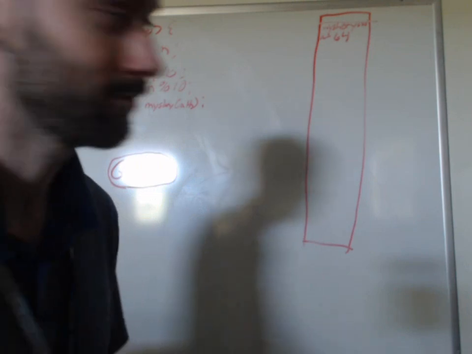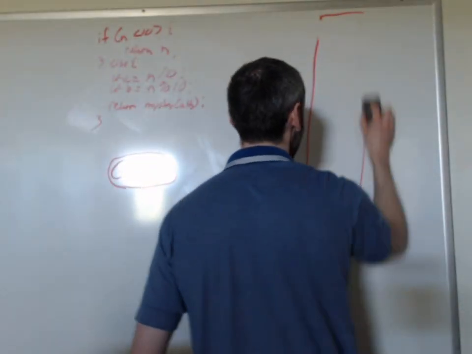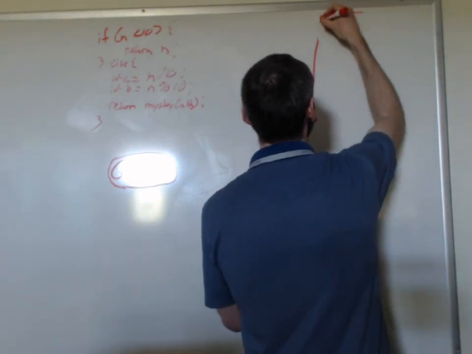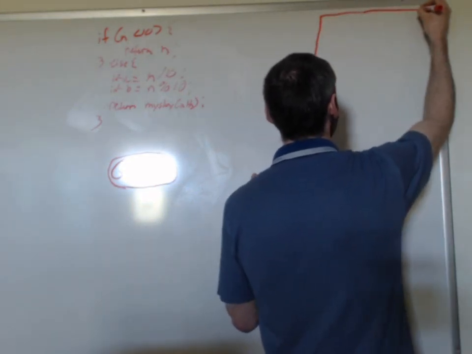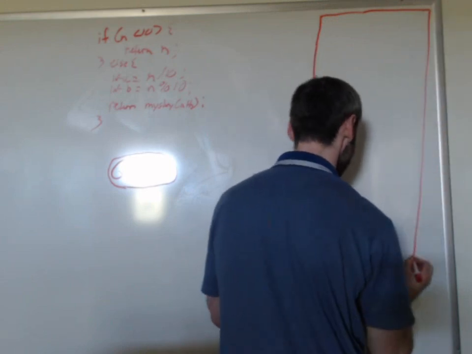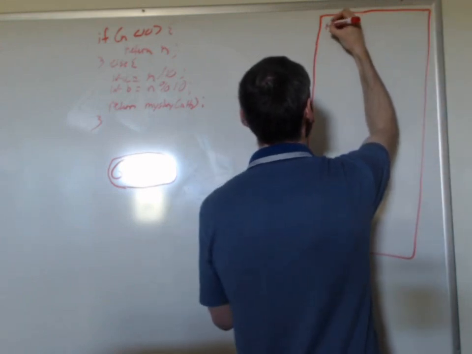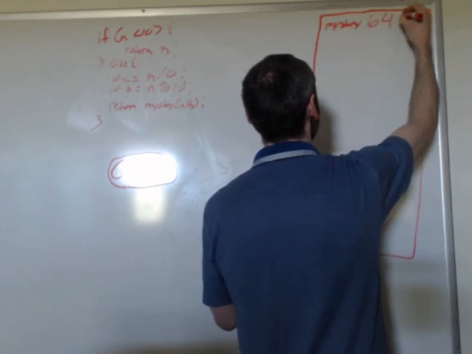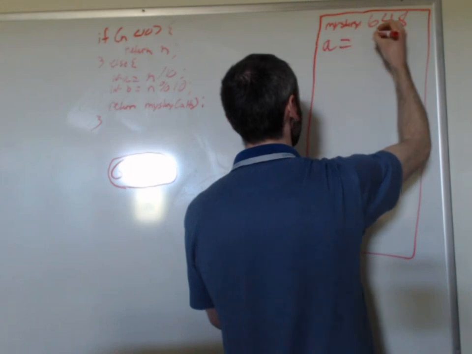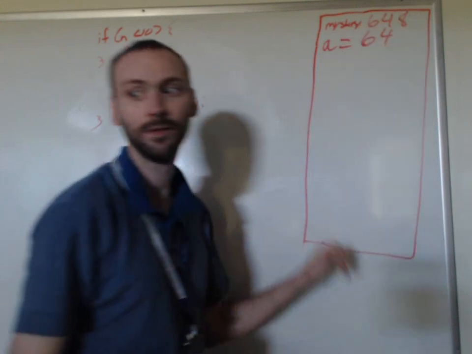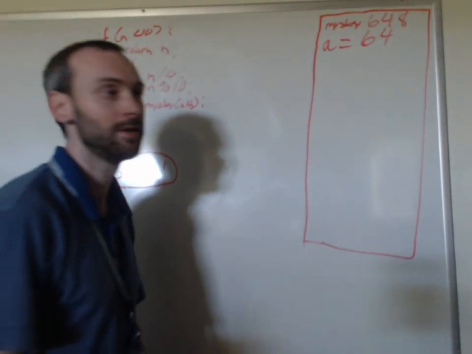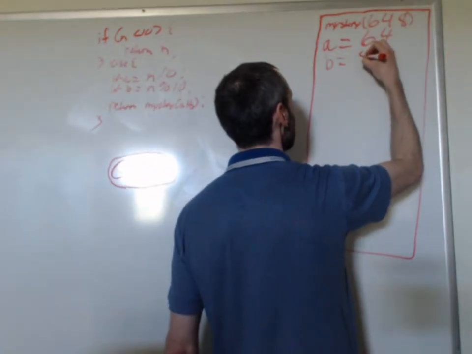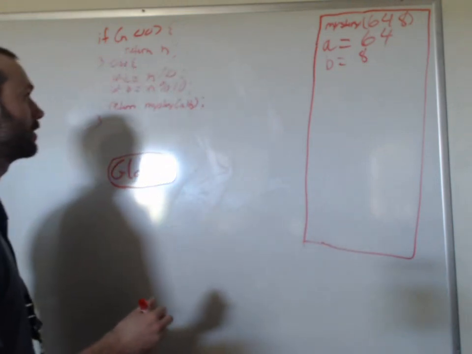One moment. Let me make this a lot bigger. So then a equals 64. All right, good, y'all can read it. And what does b equal? 8.